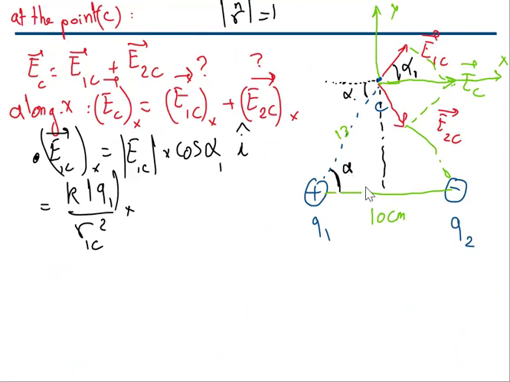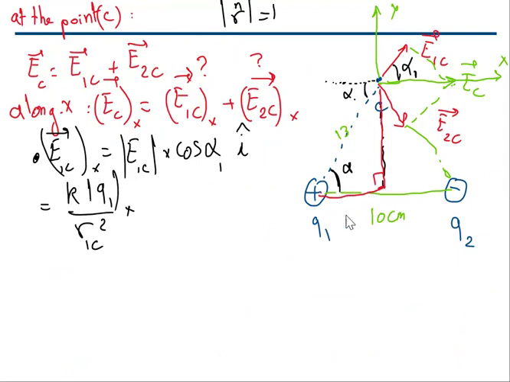But to apply cosine and sine, we must have a right angle triangle. So where is our right angle triangle? This is right. Yeah, this is our right angle. So what must be the adjacent in this case?